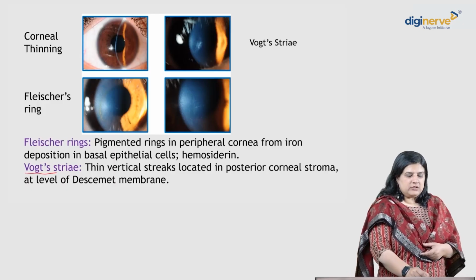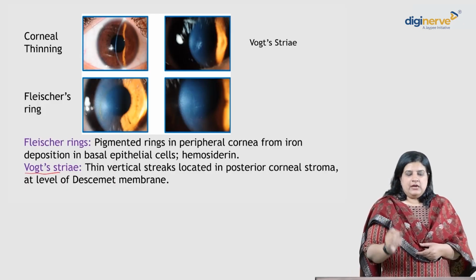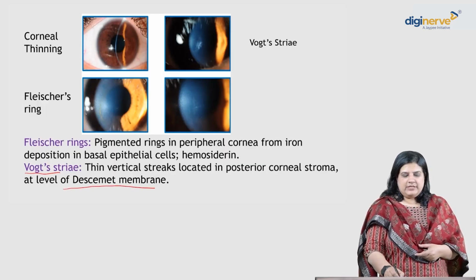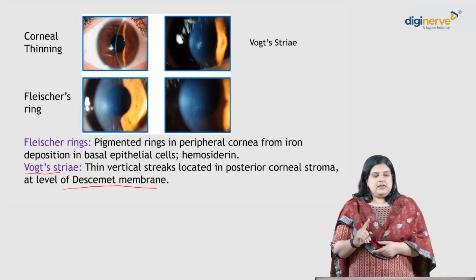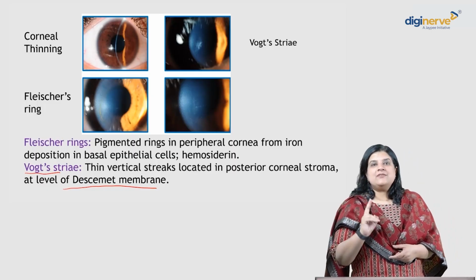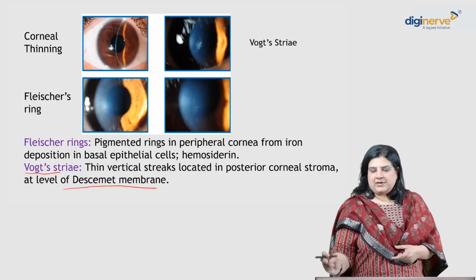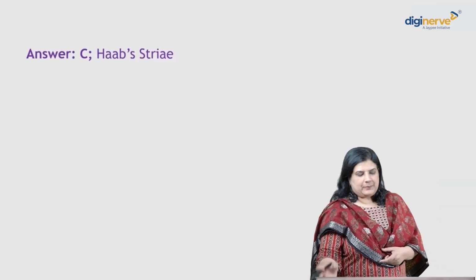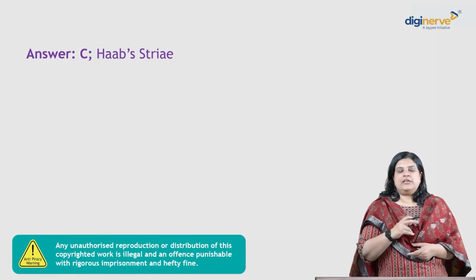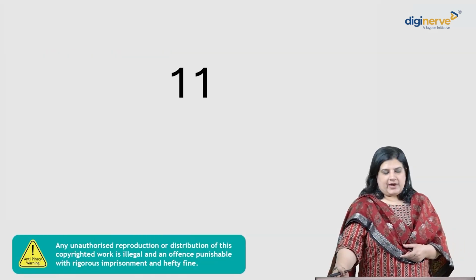So you can be asked a question similar to a previous question, at what layer would you see Vogt striae? We see Vogt striae at Descemet's membrane. We also see the Kayser-Fleischer ring at Descemet's membrane. Just revising in between, the incorrect option for keratoconus was Haab's striae.